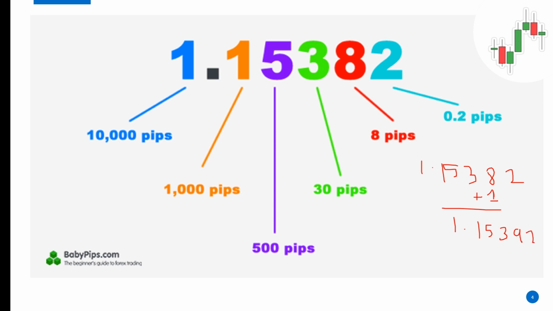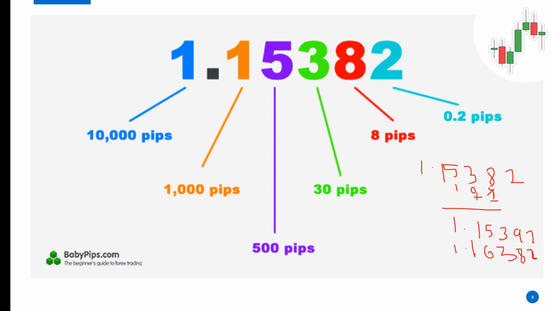If it increases by 100 pips, then it means you are adding 100 pips from the second decimal place, so it will be 1.16382, and so on and so on. So that's how you read price movement. So if you want to know how many pips a price moved, this applies to either direction, upwards or downwards.